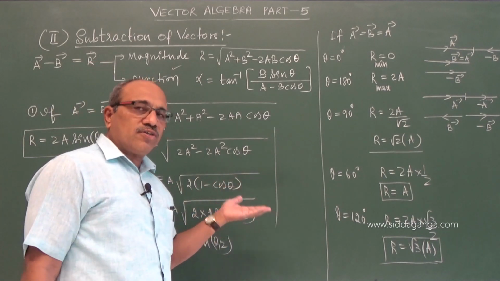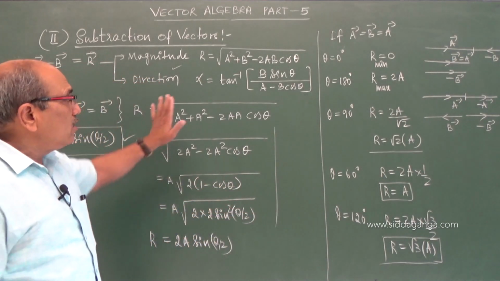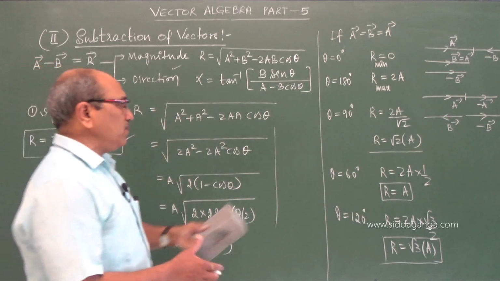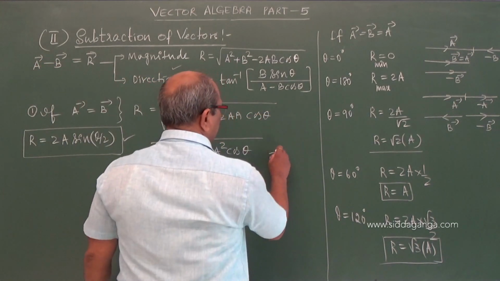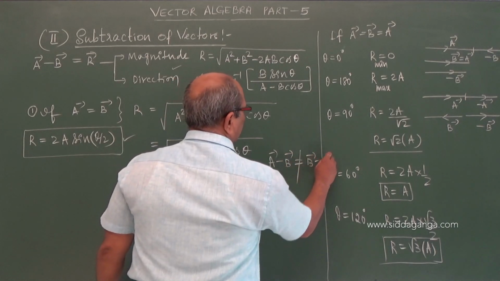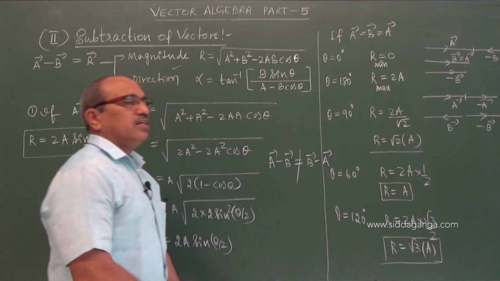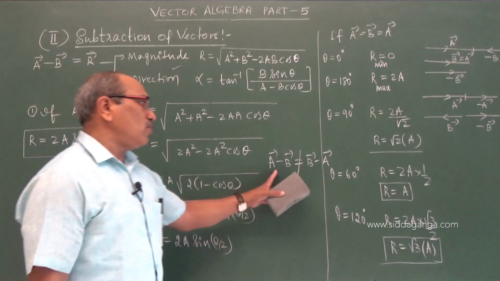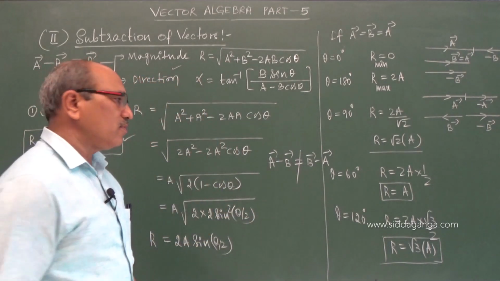The associative law and commutative law hold good in the case of addition, but not so in subtraction. That means a minus b may not be equal to b minus a. The commutative law does not hold good in subtraction.